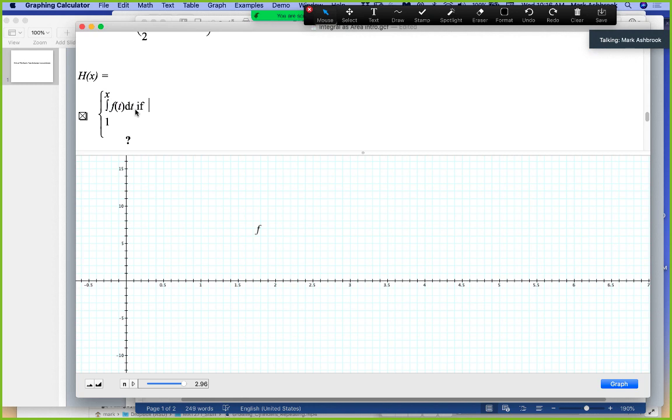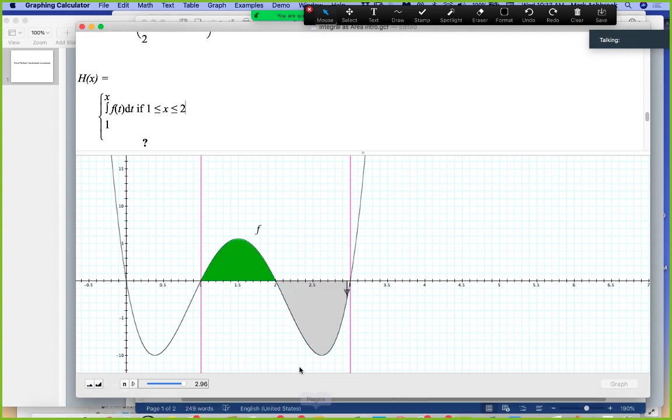And that's if x is between 1 and 2, so 1 is less than or equal to x is less than or equal to 2. Okay, so we can use the same function from before.